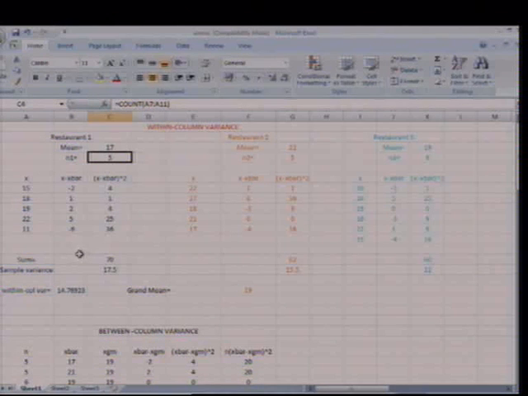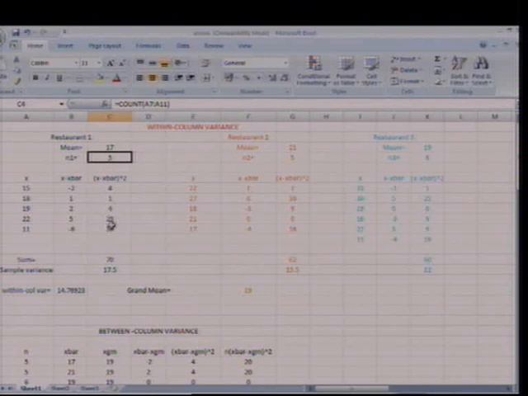Finally we take the sum, which from 4 to 36 is 70. Then the sample variance is the sum over x minus x bar whole square divided by nj minus 1. So here it is 5 minus 1 is 4, and 70 by 4 is 17.5.